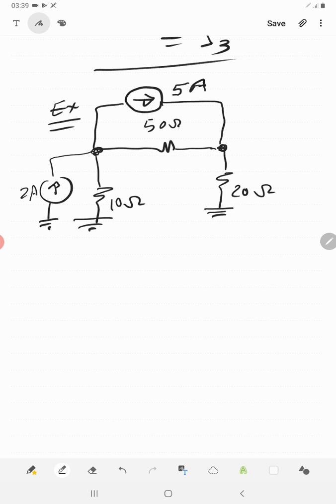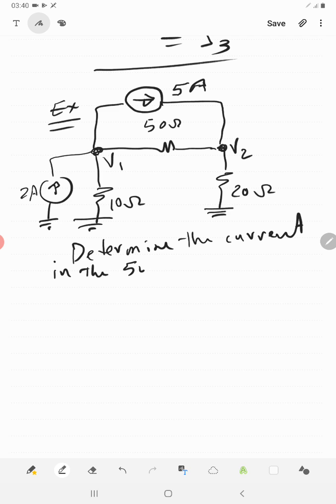Okay, so basically this is the circuit. How many nodes do we have? We have 2 nodes. Let's say this is V1 and this is V2. So determine the current in the 50 ohms resistor using nodal analysis.